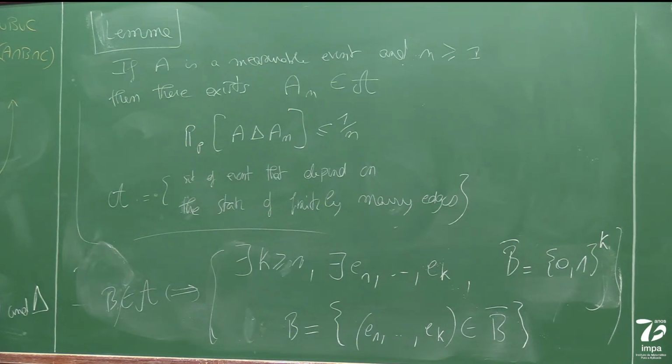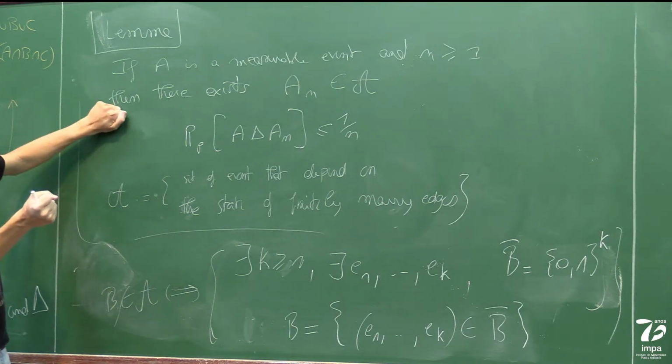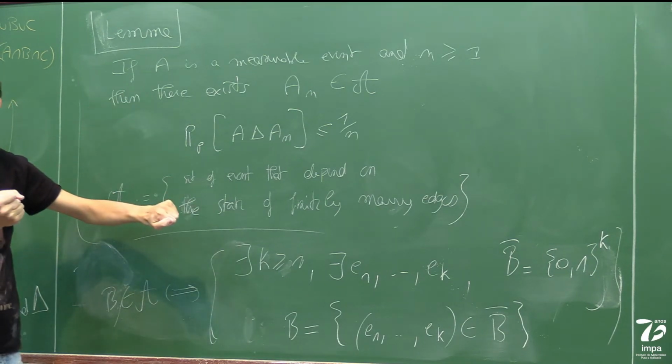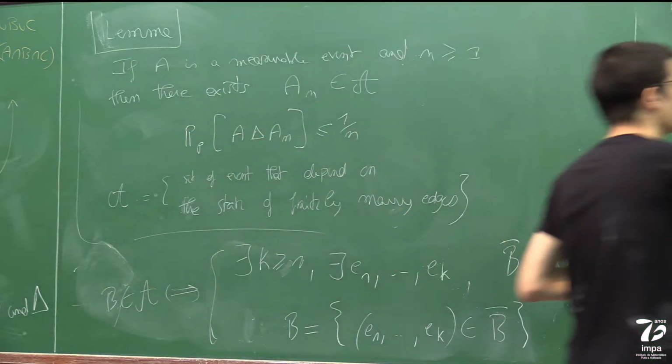So what this result is really is the fact, an immediate consequence of the proof of Carathéodory's theorem, that any element of the sigma algebra can be approximated by an element of the algebra. So okay, let me write it, proof.